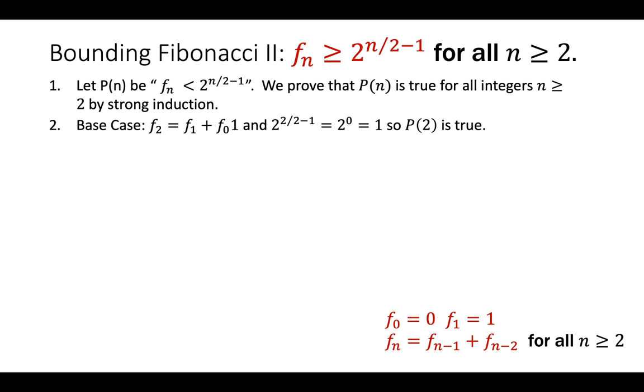So we'll set the claim, and the base case will be F2 equal to F1 plus F0, that equals 1. On the right side, 2 to the 1 is 2 to the 1, minus 1 will be 0, that is 1.